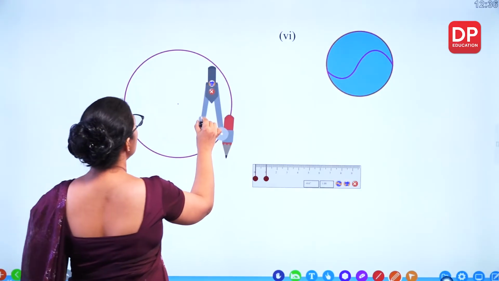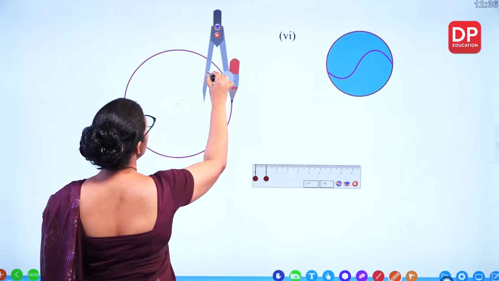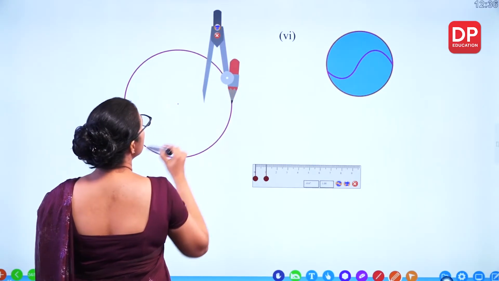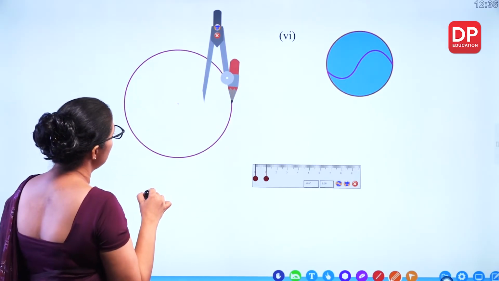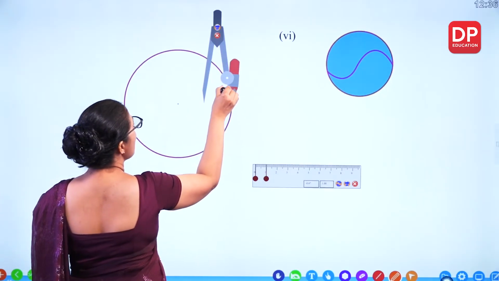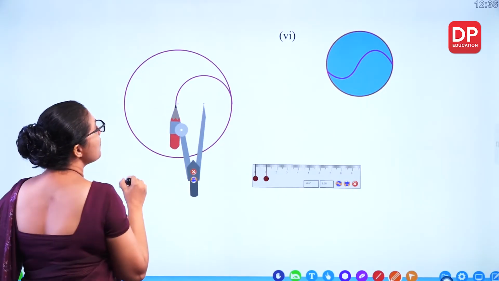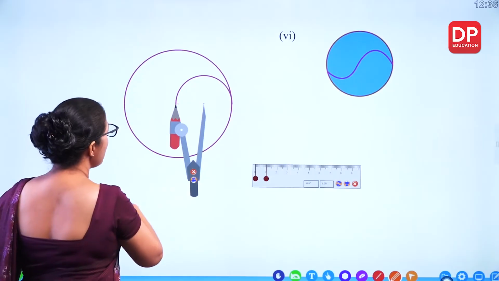And what you can do, you can keep it in between here so that you can draw an arc here. So we can draw an arc up to here. Then you need to draw the other arc.